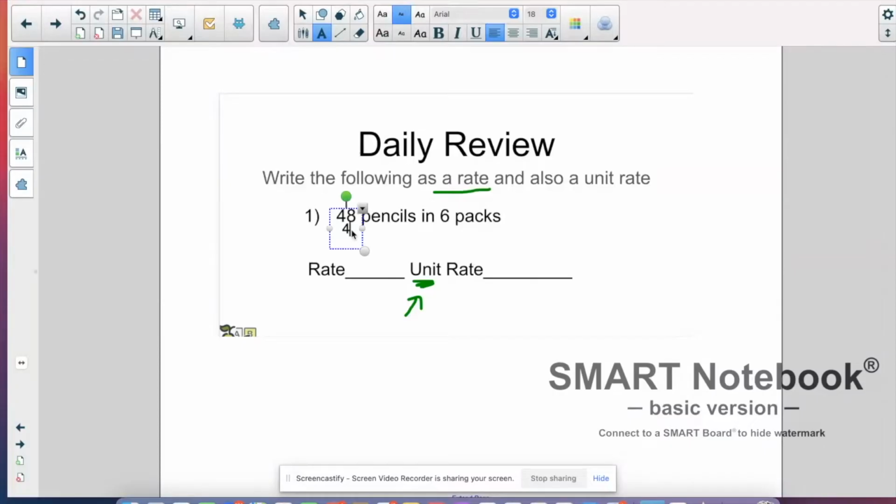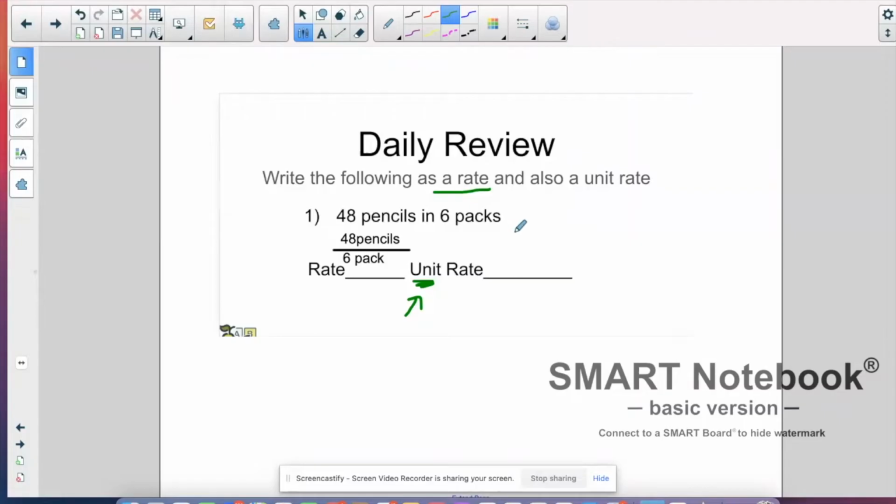of pencils in each pack, well, for this problem here, 48 pencils over 6 packs. So our rate is 48 over 6. And our unit rate is per 1.